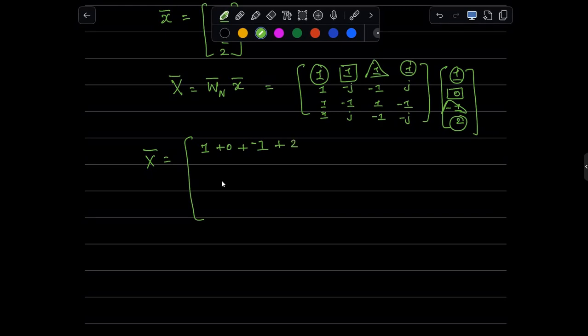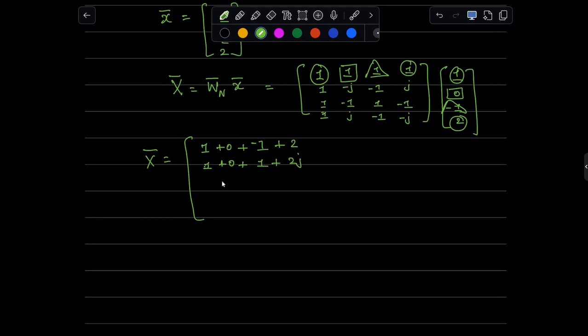Okay, if there is any mistake, please try to rectify it. Then the second row, it will be 1 into 1 is 1, then minus j into 0 is 0, plus minus 1 into minus 1 is 1, plus j into 2 is 2j.